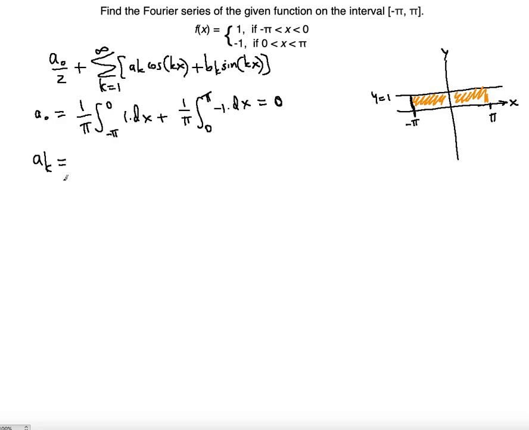Now a subscript k is going to be the same trick, 1 over pi from negative pi to 0, and now instead of just 1 dx, we're going to have the f(x) times the cosine. 1 times cosine kx dx plus 1 over pi from 0 to pi, negative 1 times cosine kx dx.